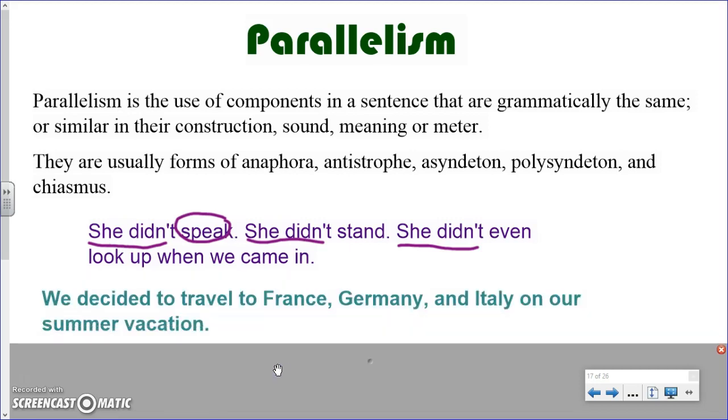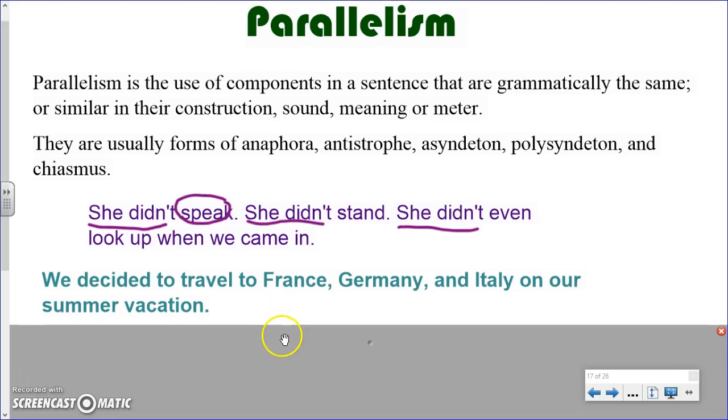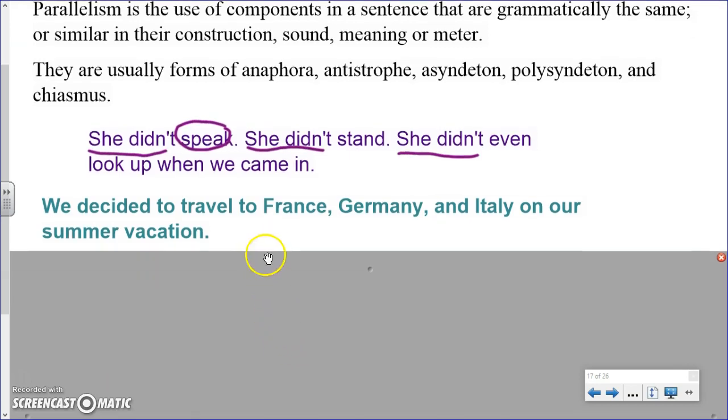The next one, we decided to travel to France, Germany, and Italy on our summer vacation. Now the idea here is that we don't need to say to France, to Germany, and to Italy, because the "to" actually pairs with each one, but we have to make sure that they are each singular, and we have to make sure that they are each locations.